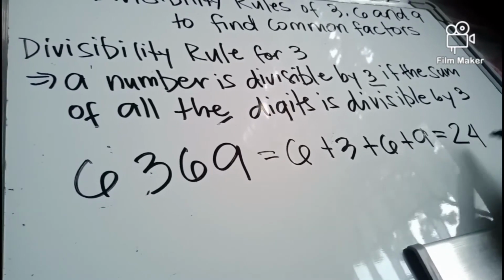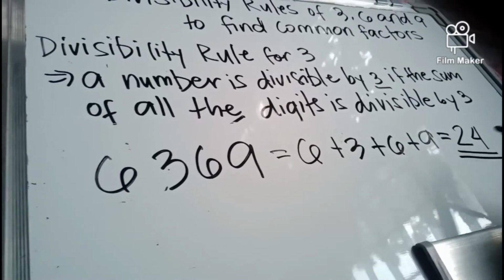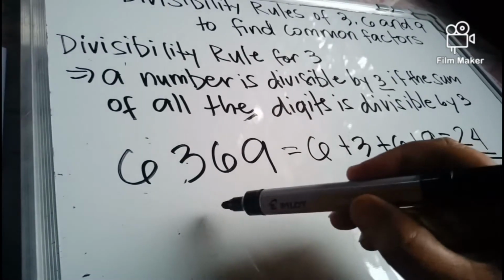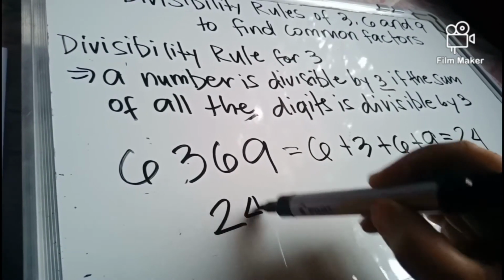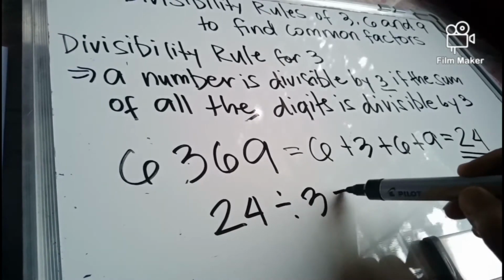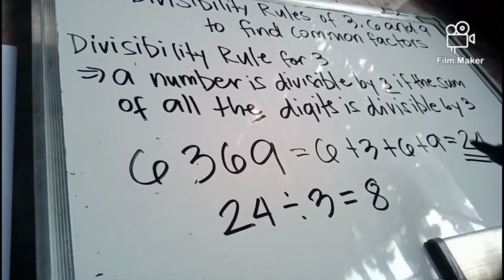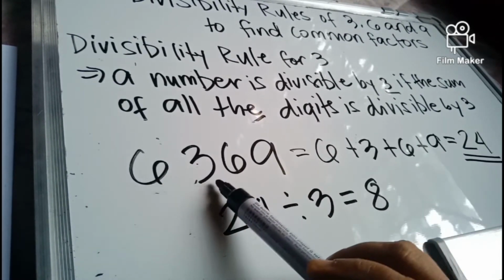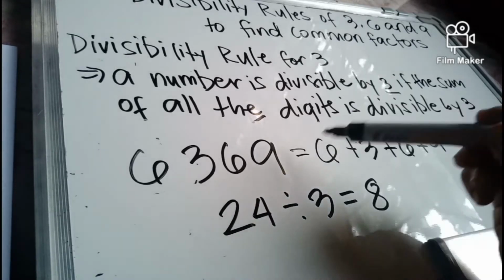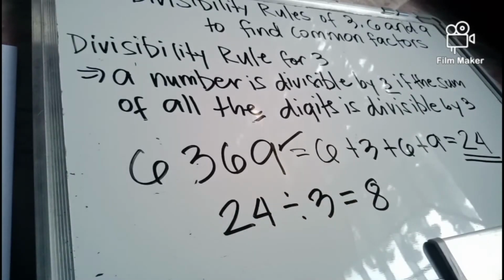Yung sum niya na 24 i-divide natin by 3. So, 24 divided by 3 equals 8. So, therefore, 6,369 is a number divisible by 3.